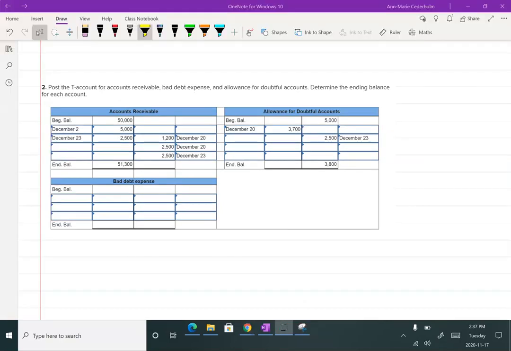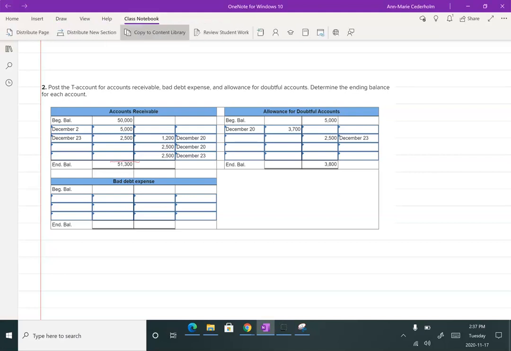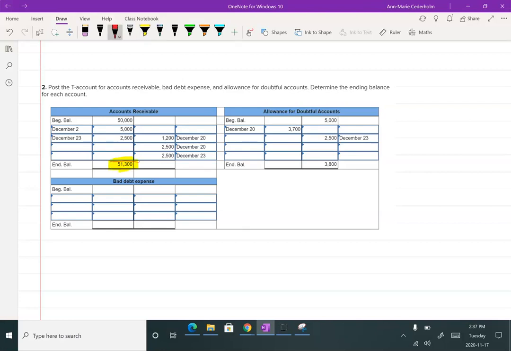Okay, so when they say 10%, what we're doing is we're taking the balance of 51,300. So what that is the 50 plus the 5 plus the 25 minus the 12 minus the 25 and minus the 25.